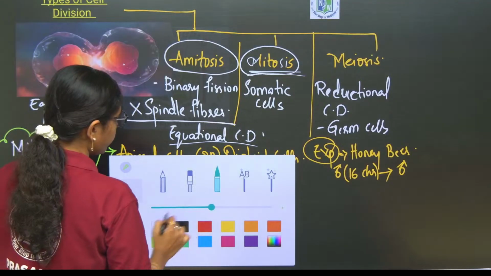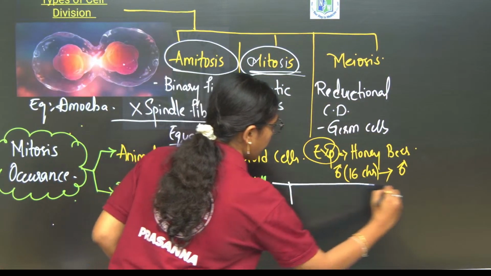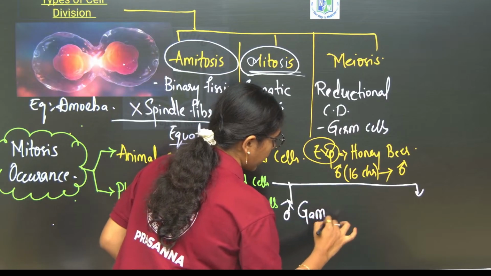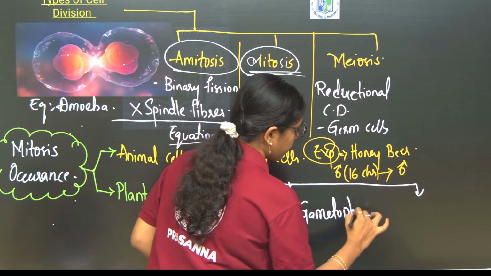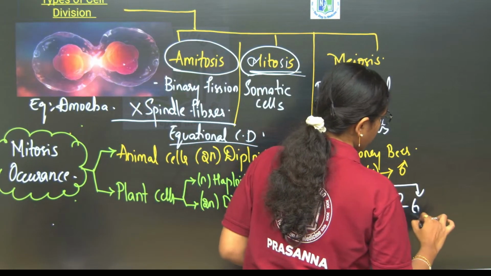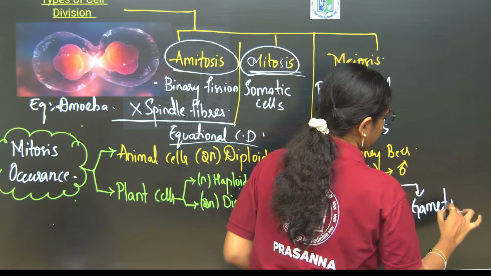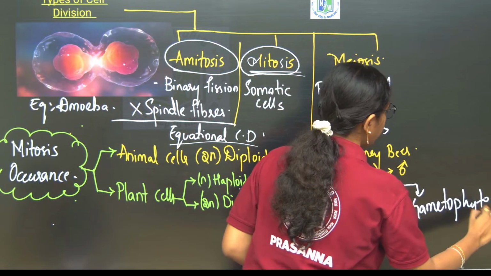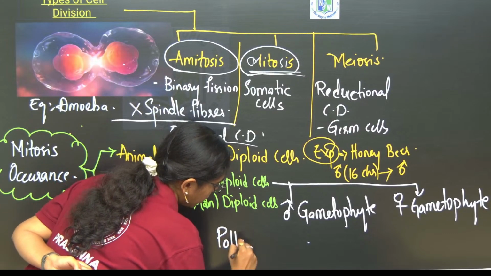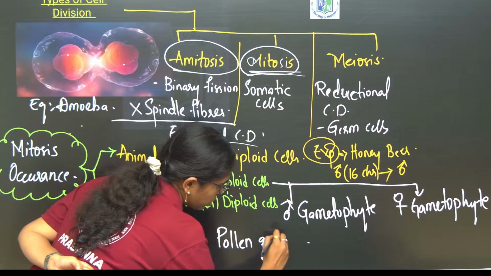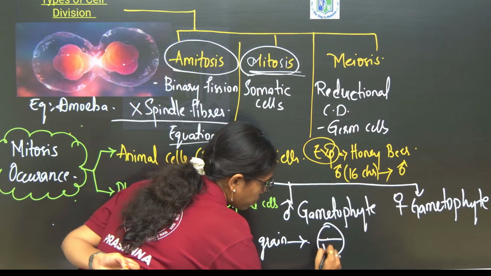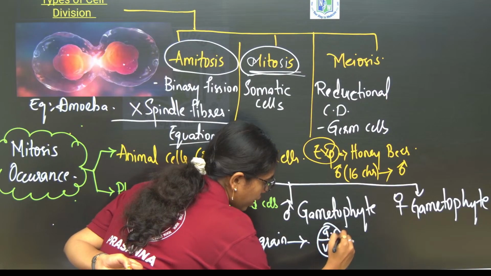Take down. In male gametophyte, male gametophyte is pollen grain. Female gametophyte is embryo sac. So, in male gametophyte, that is in pollen grain, mitotic division happens, and this divides into two celled condition where it forms a vegetative cell and a generative cell.